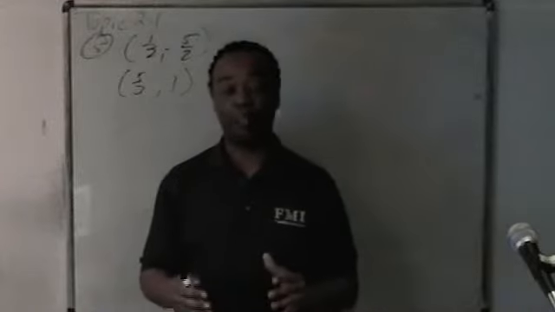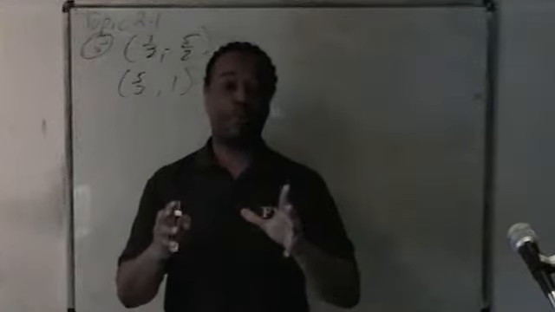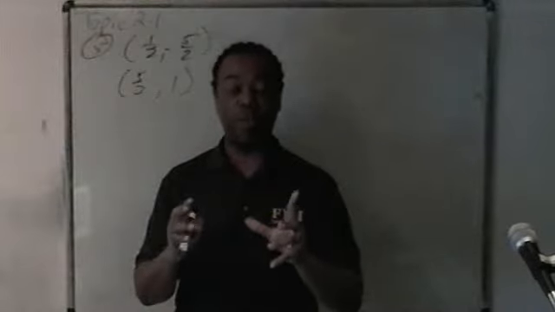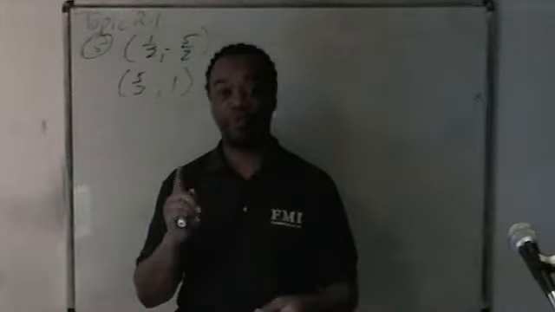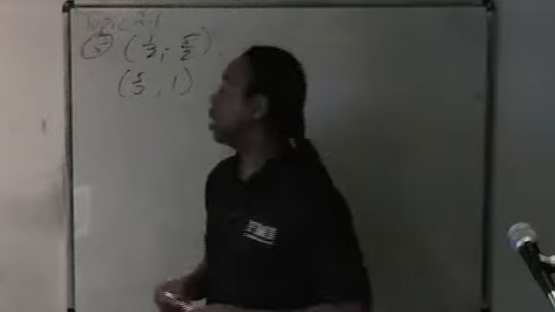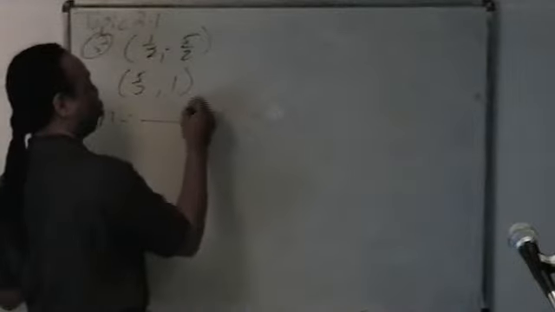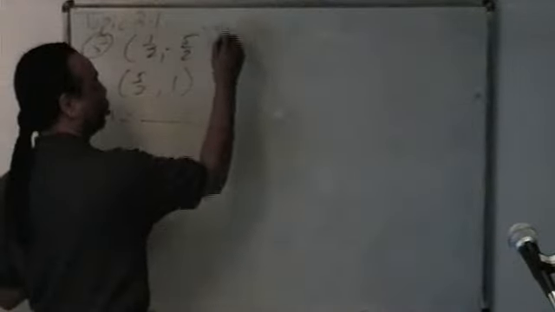So, it's a two-step process. First, we want to find the slope, and then we want to take the point slope formula to create the line. So first, finding the slope. To find the slope, we need to use the rise over run. So m will equal the rise, which comes from the y's.